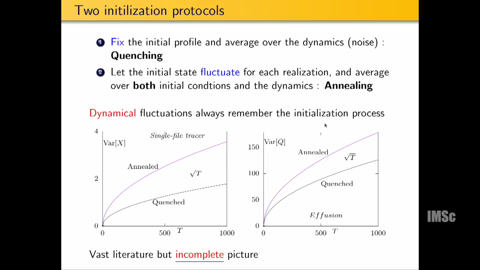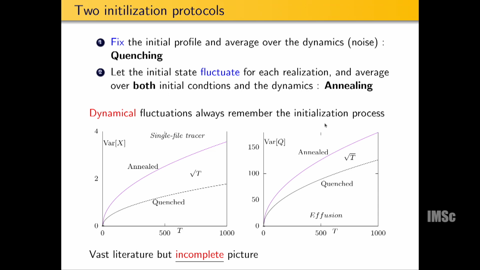If you take the annealed average and the quenched average, you see that they both scale as square root t. At the level of scaling they are the same, but the curves are off by a numerical factor, which is basically square root 2, and it's a very universal number. If you look at the same problem in terms of the current, again you see this square root t dependence of the dynamical fluctuations, but these lines are off by a factor of square root 2.